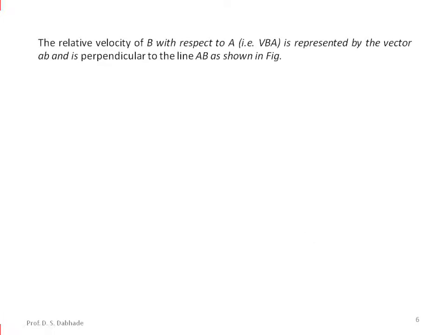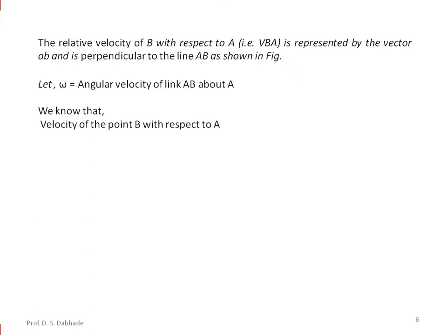So here the relative velocity of B with respect to A is represented by a vector AB. So that we have shown, and it is perpendicular to the line AB. So just we have shown in the diagram. So now we can consider omega as the angular velocity of link AB about point A. So we know the relation between the linear velocity and angular velocity.